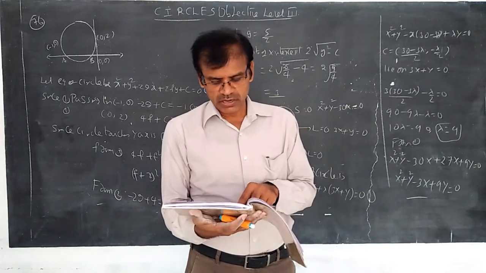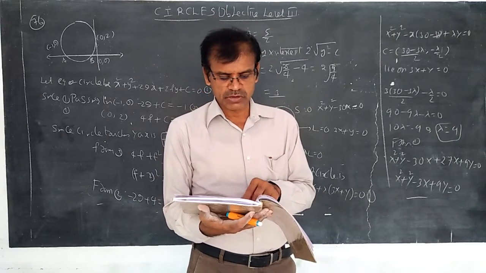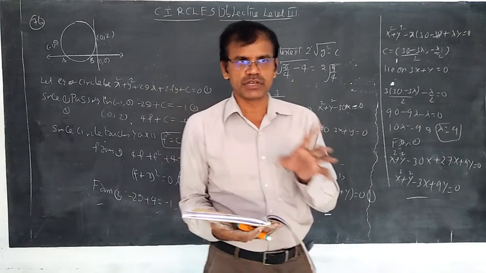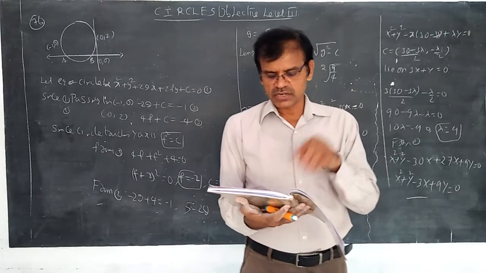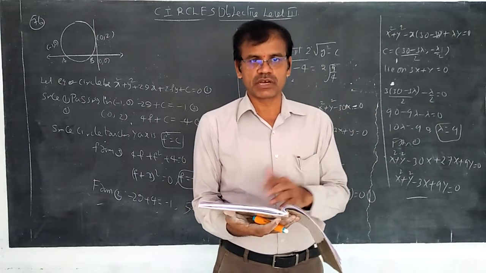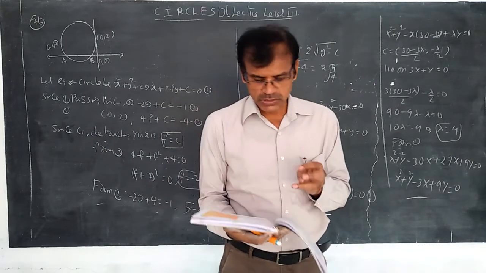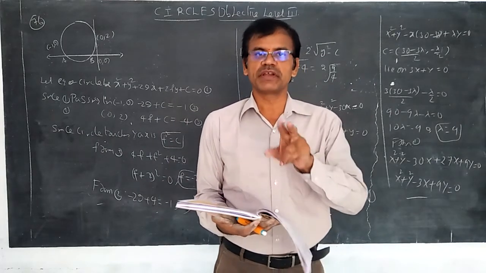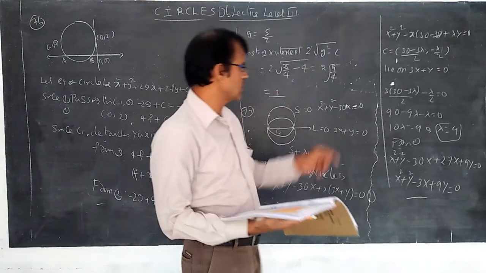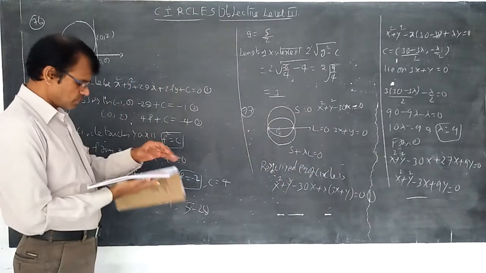Find the center of the first circle, minus 3 by 2, minus 9 by 2. Substitute in the line; if you get 0, it is the option. Next, find the center of the second circle, substitute in the line; if you get 0, it is the option. In this case, 100% option verification is possible. If you get two options, then you should follow the process. Of course, I explained the process also.